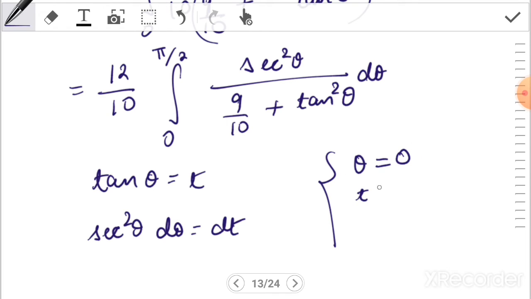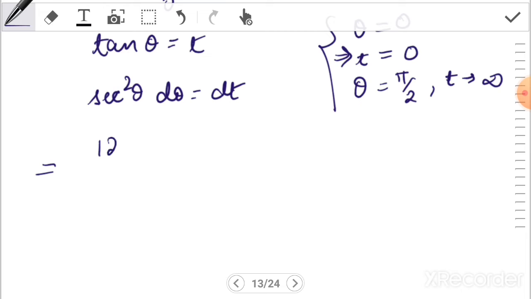So t will be equal to 0. And if theta is equal to pi by 2, then this is infinite. So t is varying from 0 to infinite.